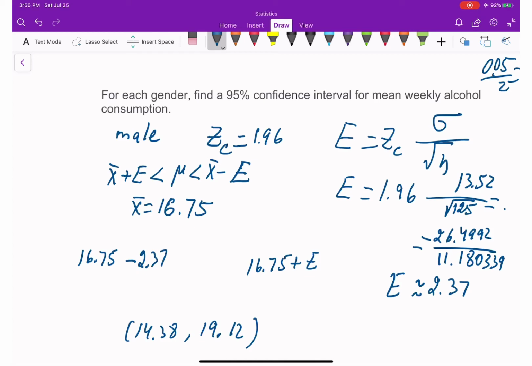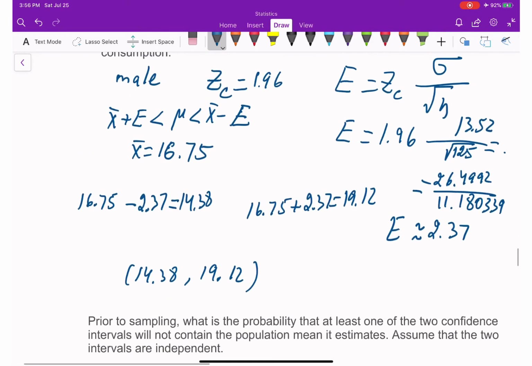So what we are getting, 16.75 minus 2.37, 14.38. And if we add 2.37, we should get 19.12. Okay?